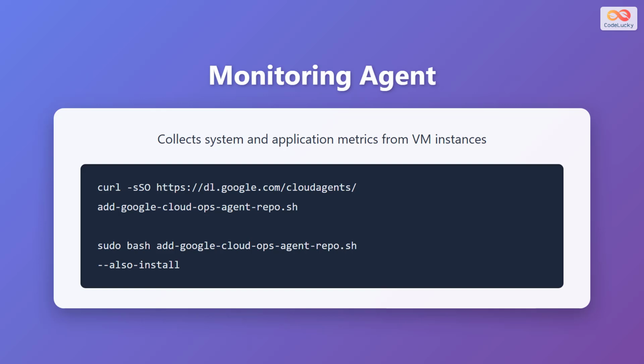You download a script from Google's Cloud Agents repository, then run it with administrative privileges to install and start the agent. Once installed, the agent begins collecting detailed metrics about CPU usage, memory utilization, disk input-output, network traffic, and process-level statistics. This granular data is invaluable for troubleshooting performance issues and understanding resource consumption patterns at a detailed level.